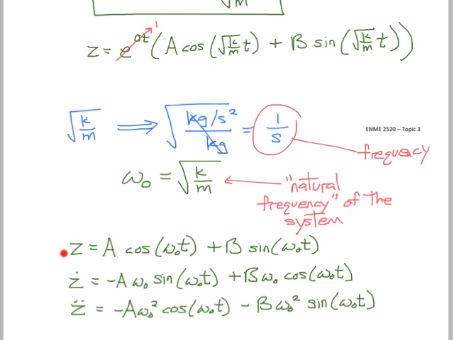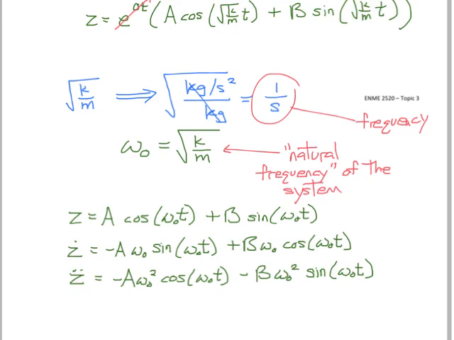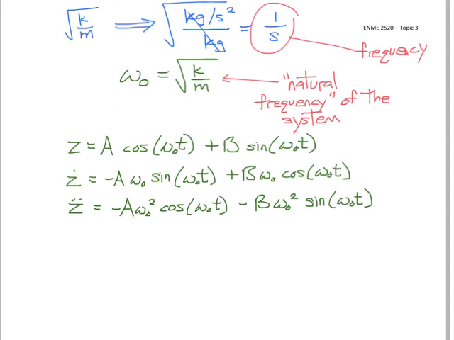We get these two expressions by taking the time derivative of the position and then taking the time derivative one more time of the speed to get the acceleration. And if we've assumed correctly on our general form, then we should be able to plug these into our equation of motion, substituting z double dot on the left-hand side, and z into the right-hand side, and demonstrate that they're equivalent.